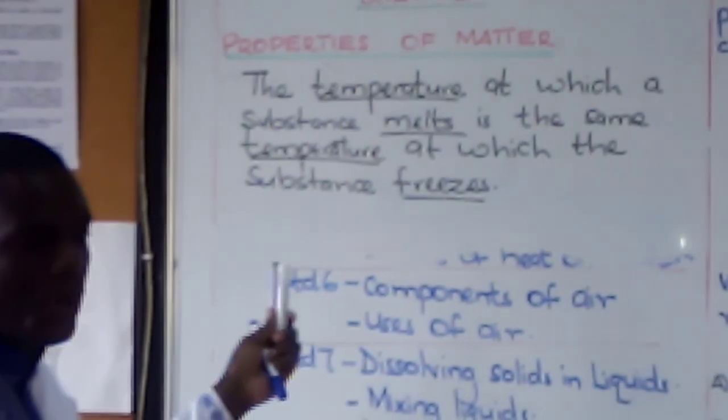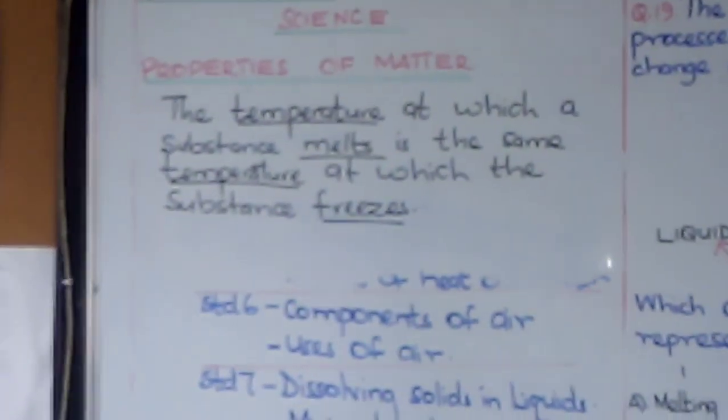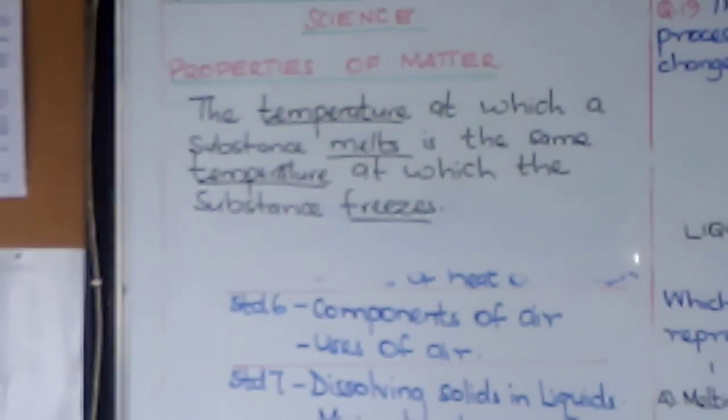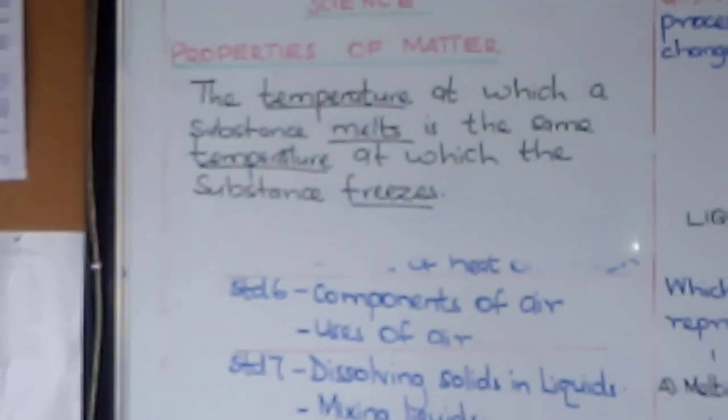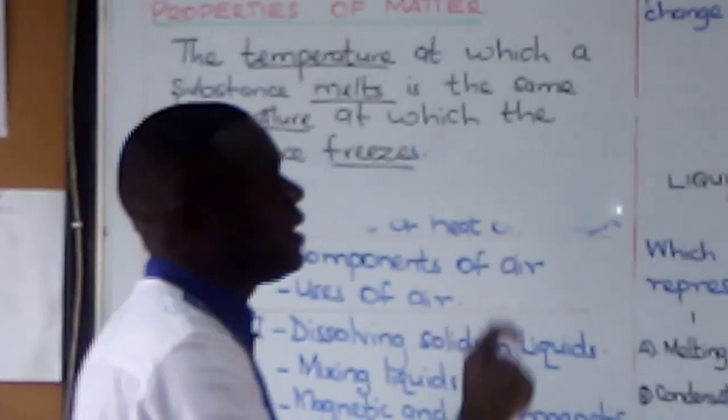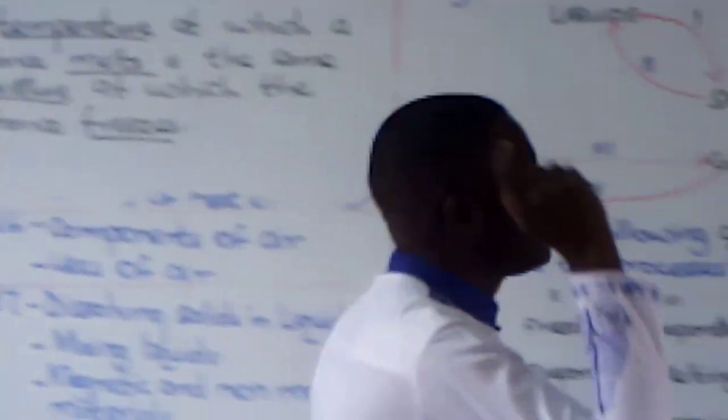Boys and girls, can you read that again? The temperature at which a substance melts is the same temperature at which the same substance freezes. So freezing and melting happen at the same temperature.